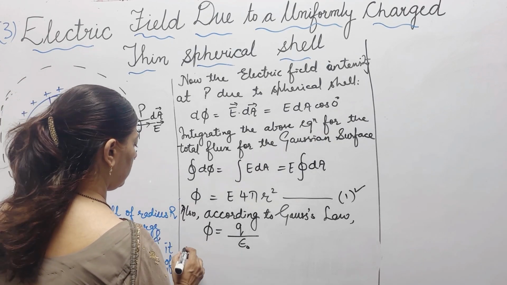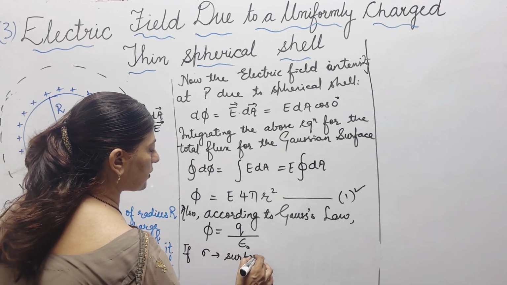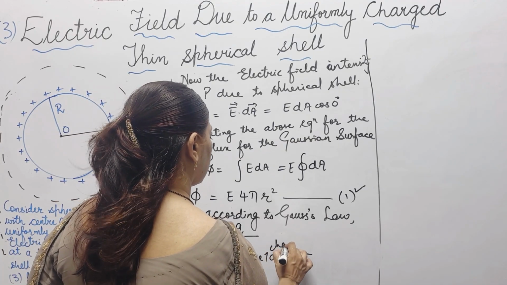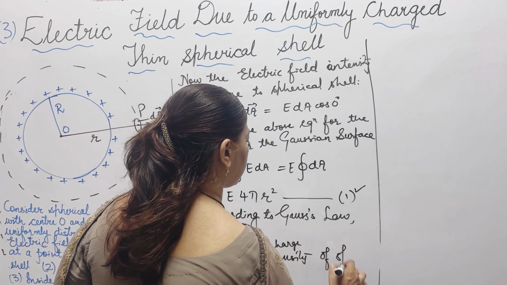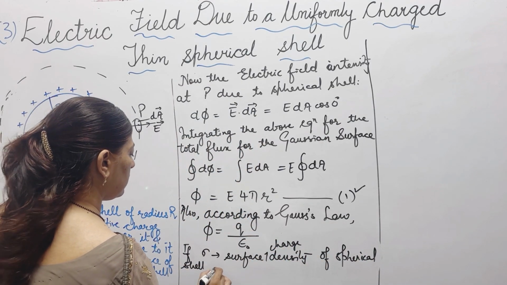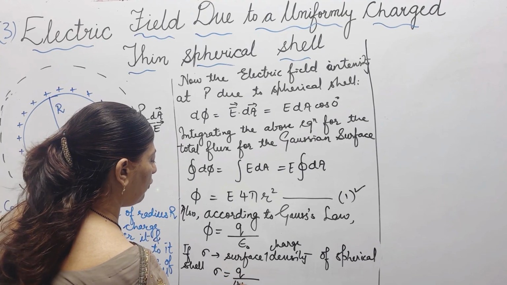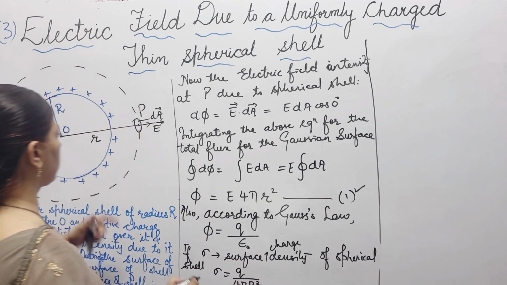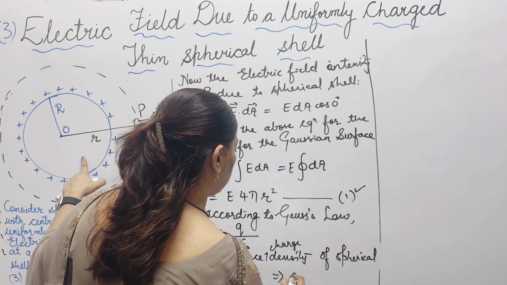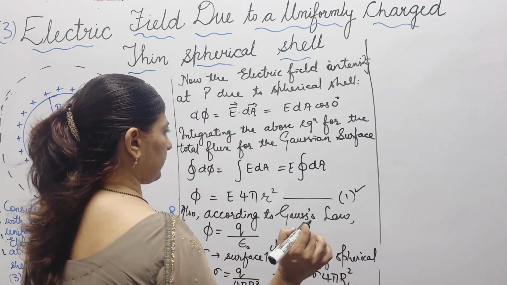If sigma is the surface charge density of spherical shell, then sigma is equal to q upon 4 pi R square for this spherical shell, and from here the charge is equal to sigma 4 pi R square.